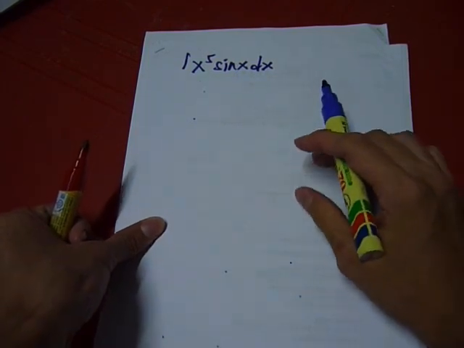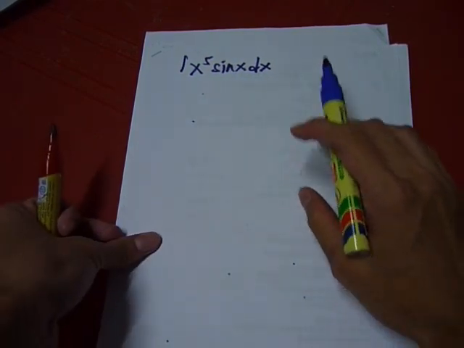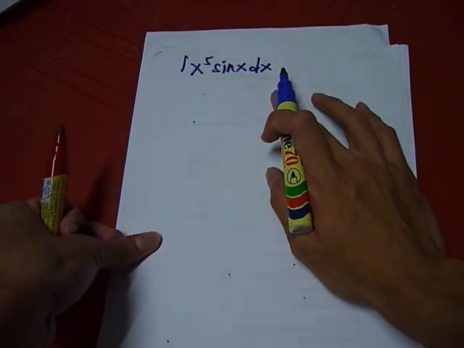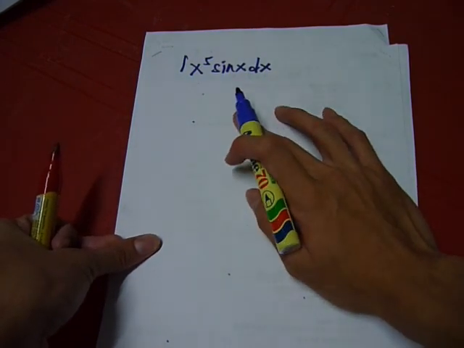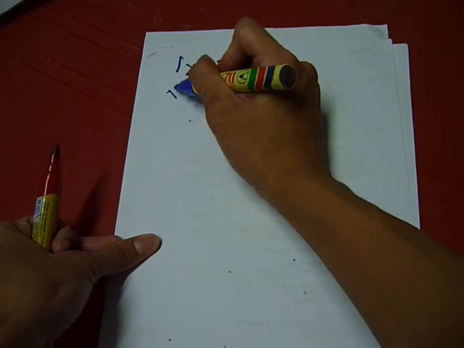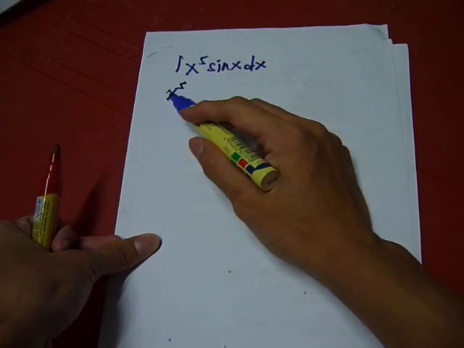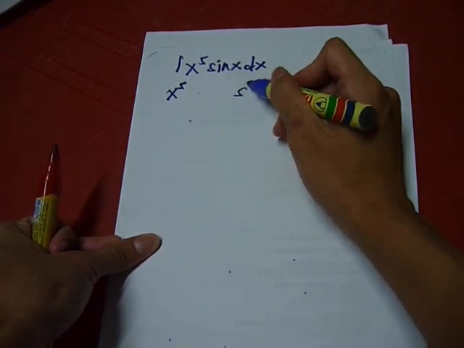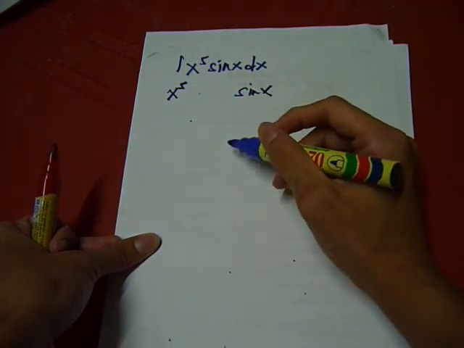You can use tabular integration to solve this question easily in a short time. First, we separate it into two parts. We let x to the power of 5 be the differential part and sin x the integration part.